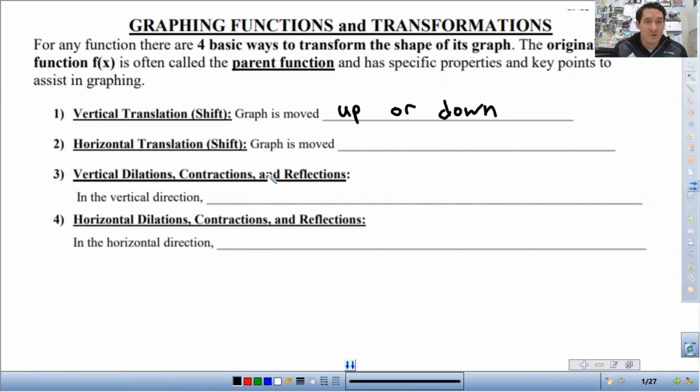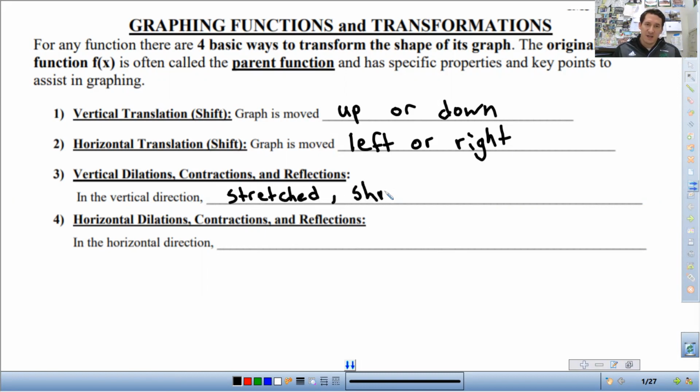Horizontal translation means it is just shifted left or right. A vertical dilation or contraction in the vertical direction is stretched or shrunk, or the reflection is a flip. So that'd be a flip over the y-axis.